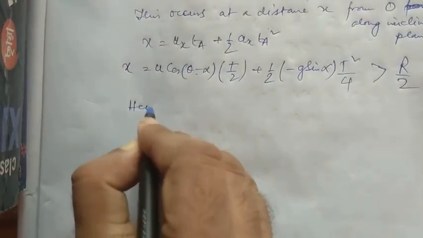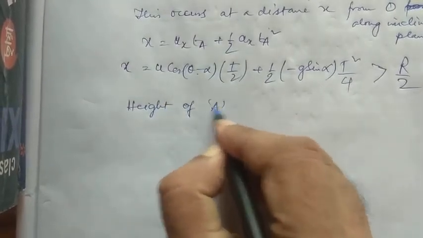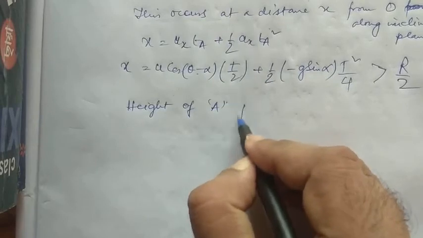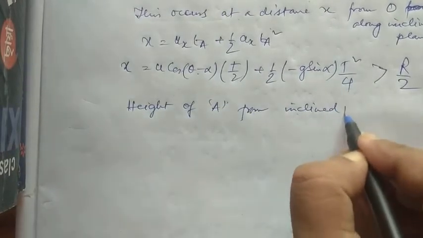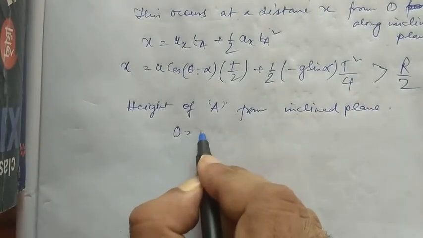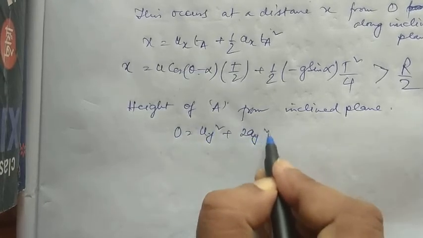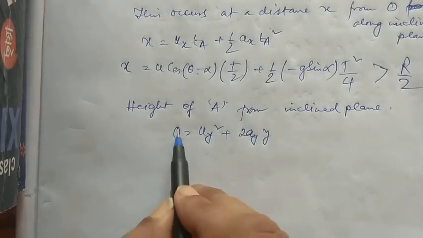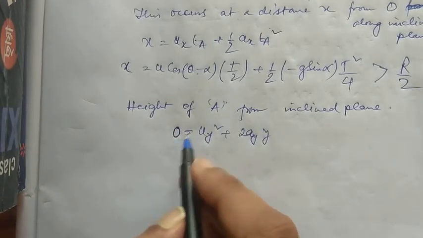Lastly, we find out the height of this point A from the inclined plane. We get 0 is equal to u_y square plus 2 a_y y, because the velocity is taken to be 0.